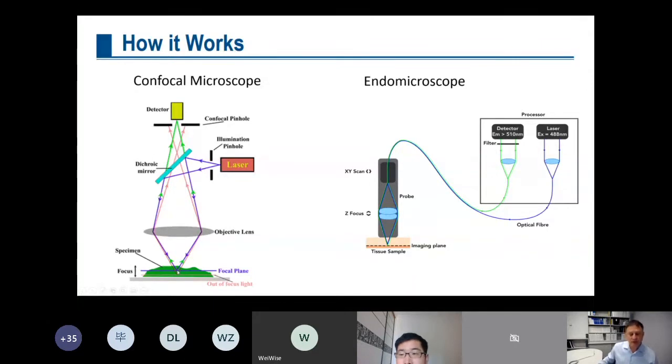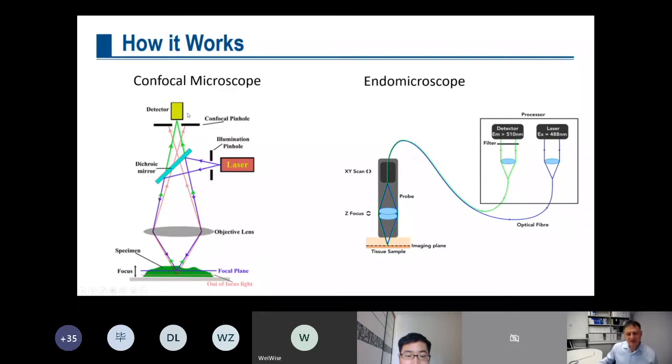The fluorescent return follows the same path back through the optics and is split with a dichroic mirror. The light that goes through the mirror then goes through another pinhole that has the same focus as the illumination pinhole, and this confocal pinhole is in front of our detector.